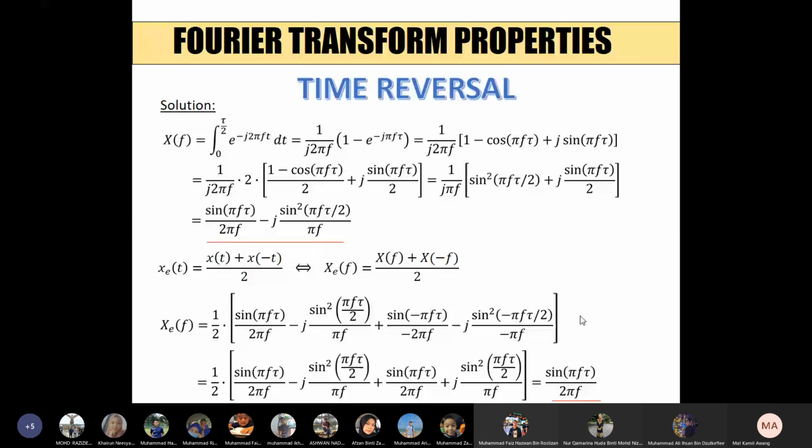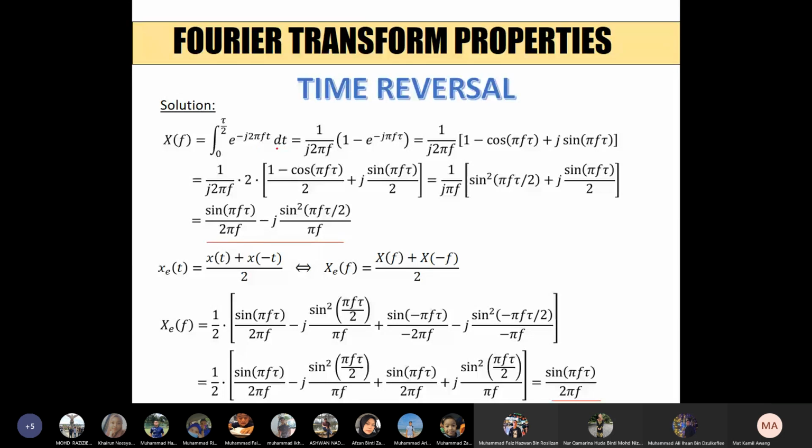So basically the function just now is this. X of f is equal to the integration from 0 to tau over 2 of e to the minus j 2 pi f t dt.